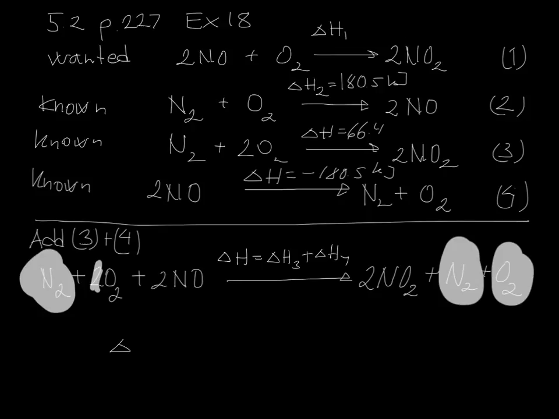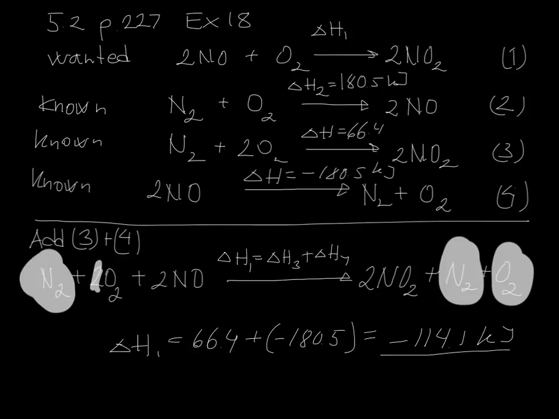And the value of delta H1, the wanted one, equals 66.4 for number 3, and minus 180.5 for number 4, and that equals minus 114.1 kilojoule. So that is the enthalpy change of the wanted reaction. Hope you got it.